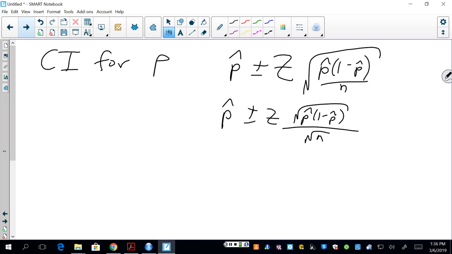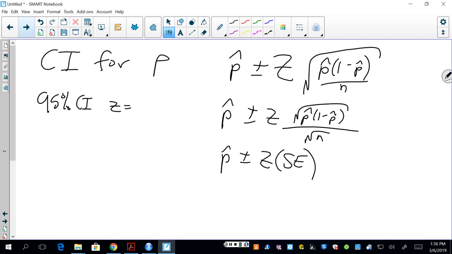In general, it's like the other one, because you have your estimate plus or minus a distribution value times standard error. And that's the particular standard error that's up there. And we use normal. So for 95% confidence intervals, you're going to use z of 1.96. If you change that, you've got to figure out what the other z values are. If it's 99, z is bigger.